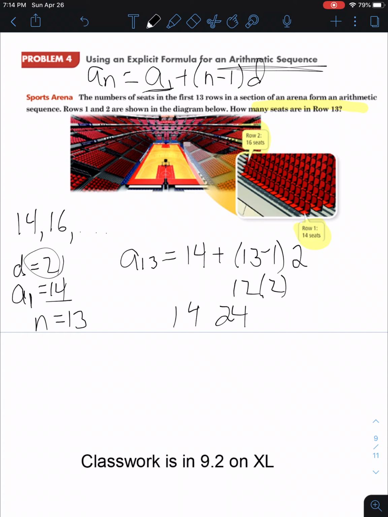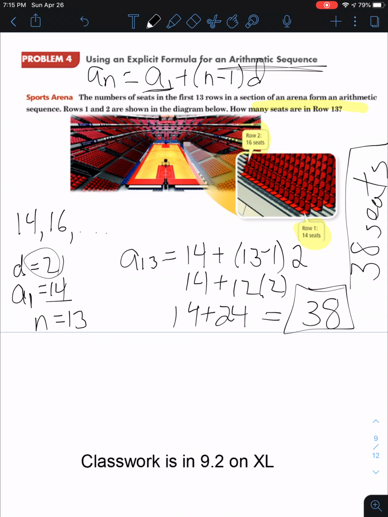We had the 14 from the first term. We add 14 and 24, which gives us 38, and tells us how many seats are in row 13. There are 38 seats. So the answer to my question, how many seats in row 13, is 38 seats.